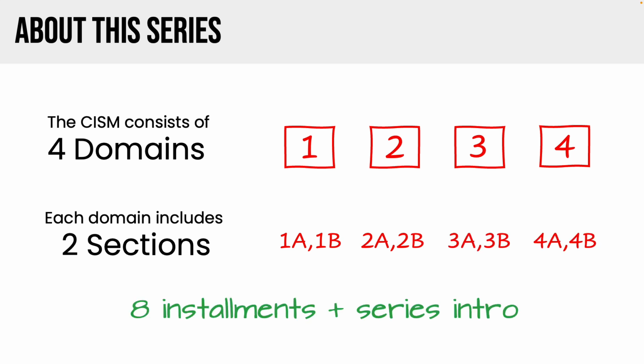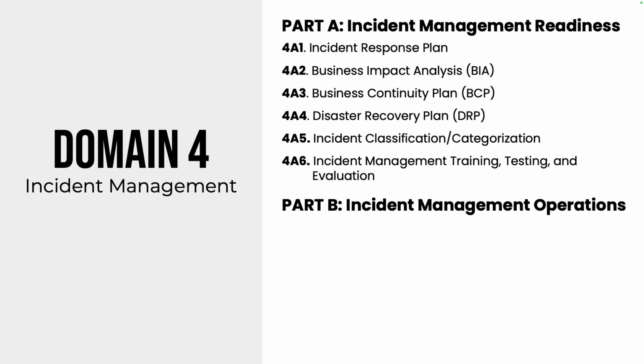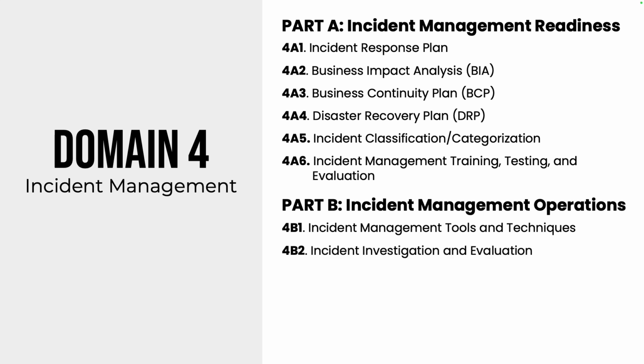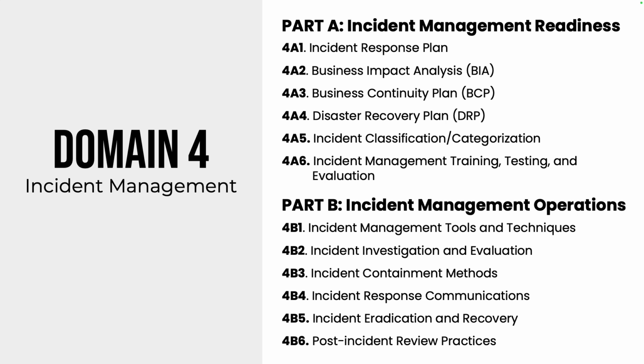Today we're looking at the eighth and final installment, Domain 4 Part B. And just to set the context here, Domain 4 Part B is incident management operations, which consists of 4B1, which is tools and techniques, investigation and evaluation in 4B2, then incident containment methods, then incident response communications, incident eradication and recovery, and we'll finish up with 4B6, which is post-incident review practices.